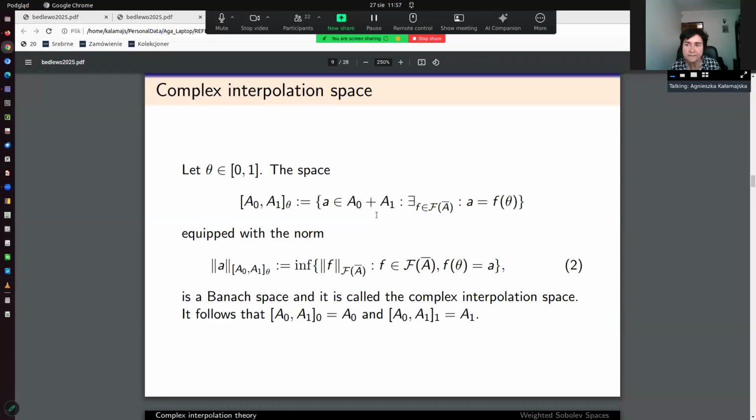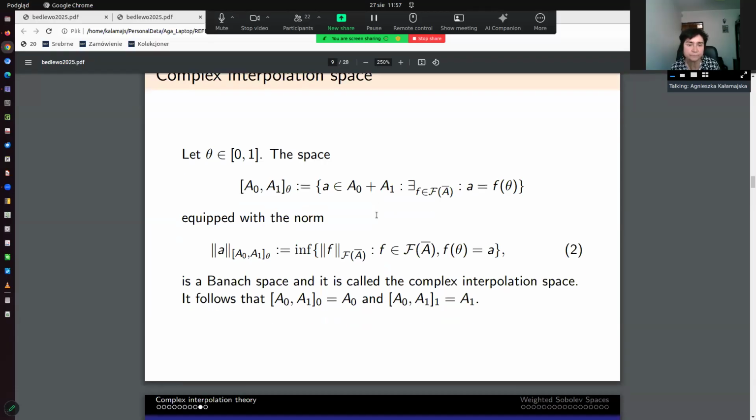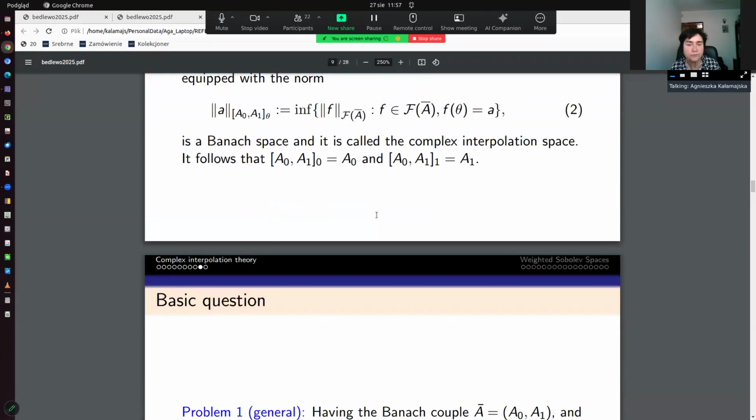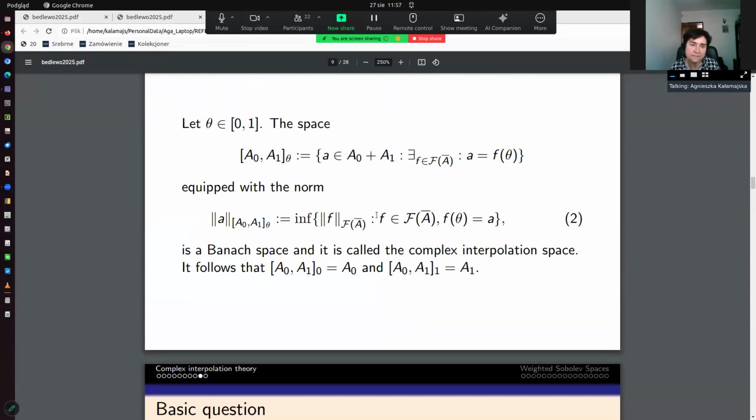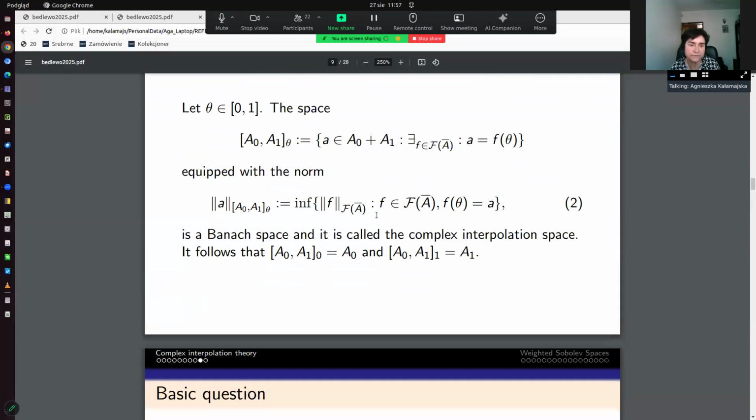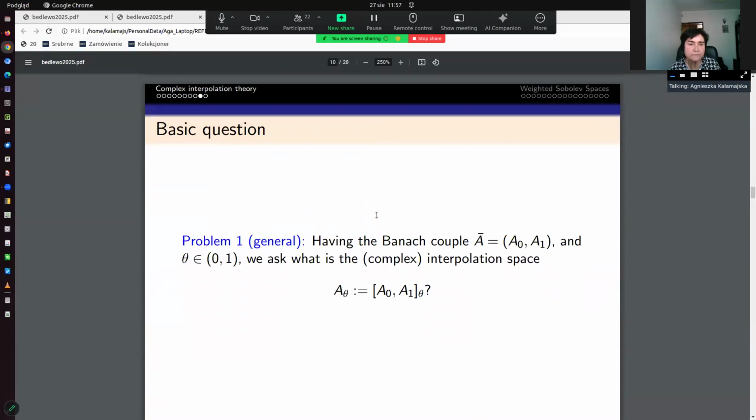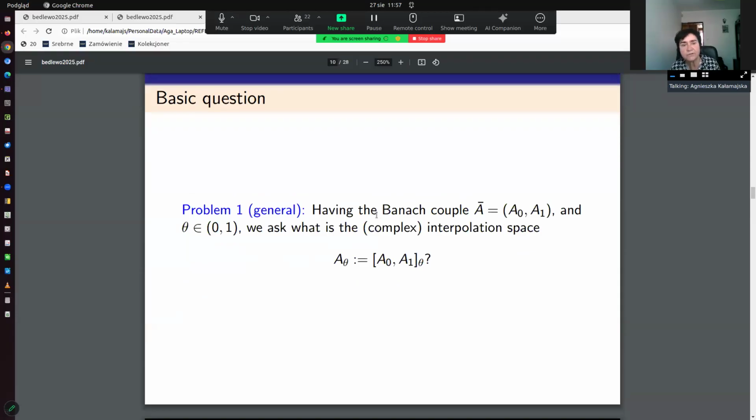And I can say, in a sense, one should ask why such abstract objects, why they are interesting. So first of all, I ask the basic question. We have a Banach couple, A bar, A0, A1, and I take theta, and I ask, what is the complex interpolation space A theta for that given Banach couple?